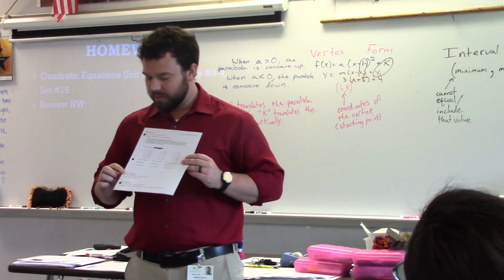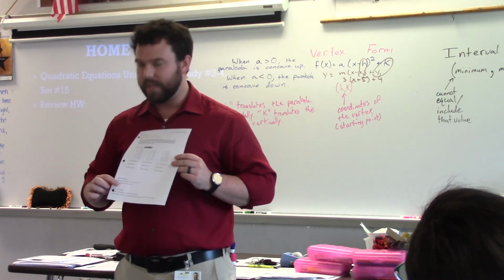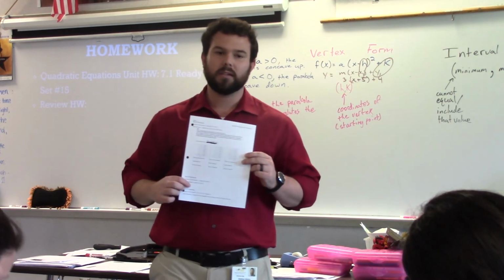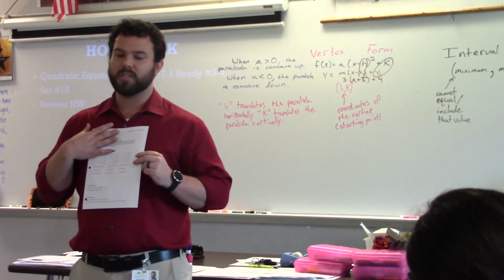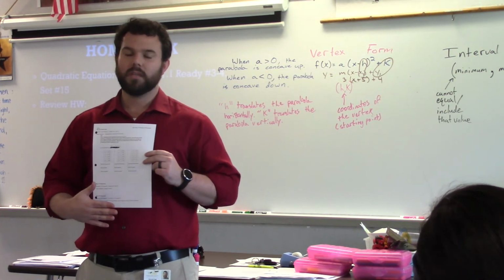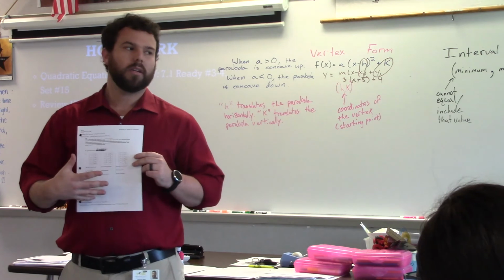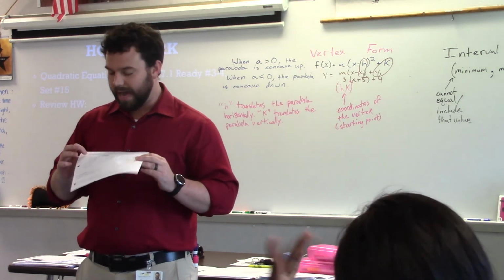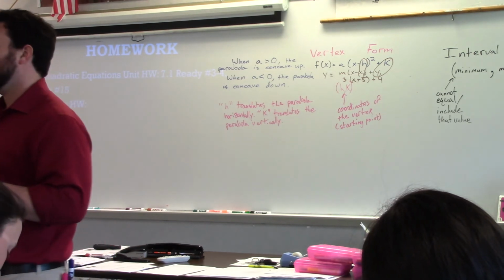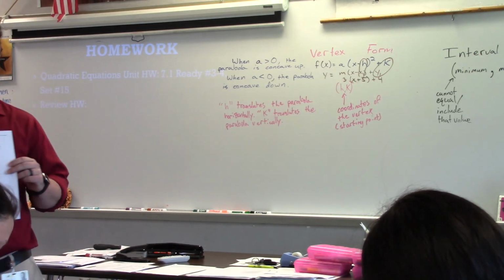If you notice, tomorrow night's review homework is to complete number 8. So you have to complete number 8 review between tonight and tomorrow night. You have to get the quadratics unit homework done today, but the review you have tonight and tomorrow night to work on.